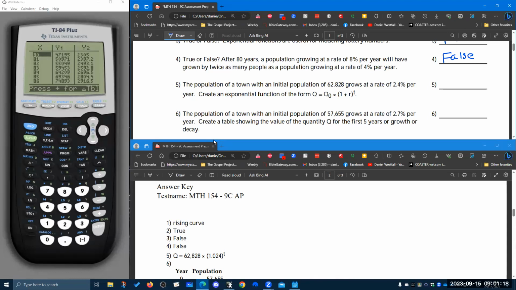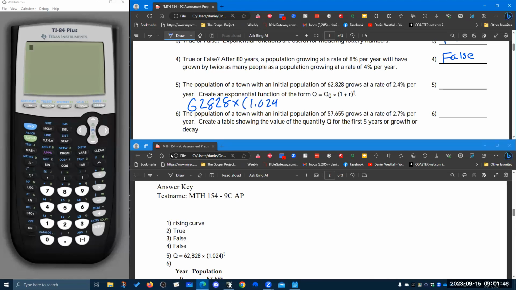The population of a town with an initial population of 62,828 grows at a rate of 2.4% per year. Create an exponential function for that model. So we've got 62,828 times 1 plus the rate of growth.